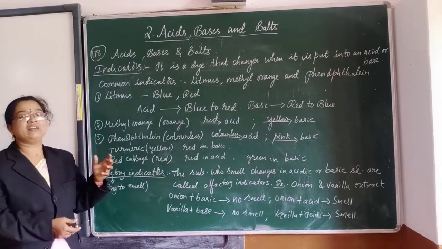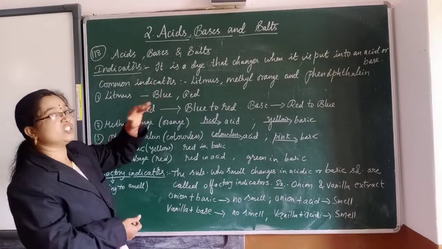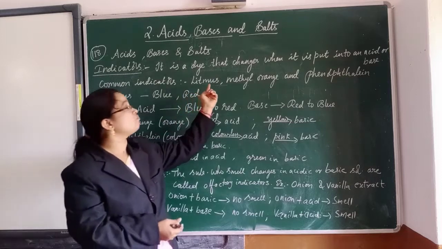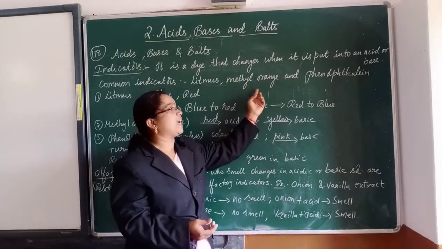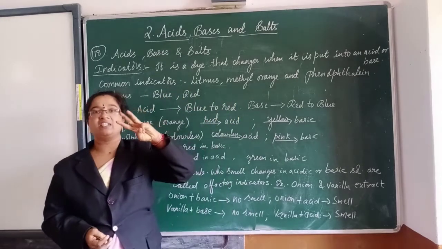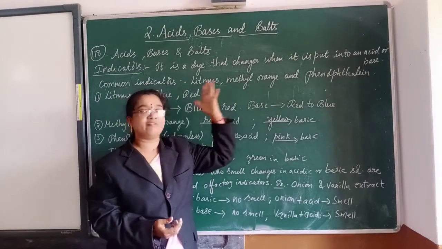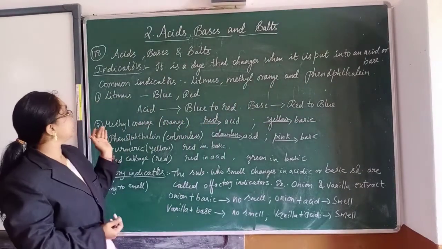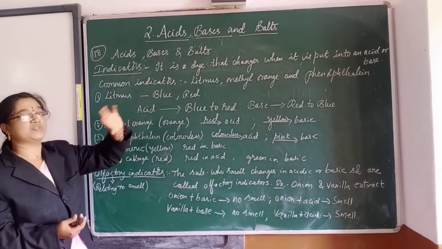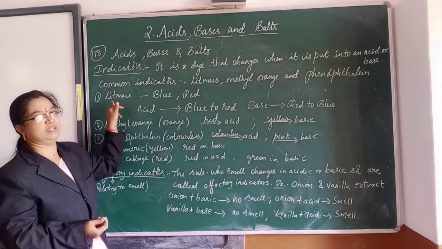So what type of indicators do we generally use? The common indicators are litmus, methyl orange and phenolphthalein. Here we will see how those indicators change colors. The first indicator is litmus.